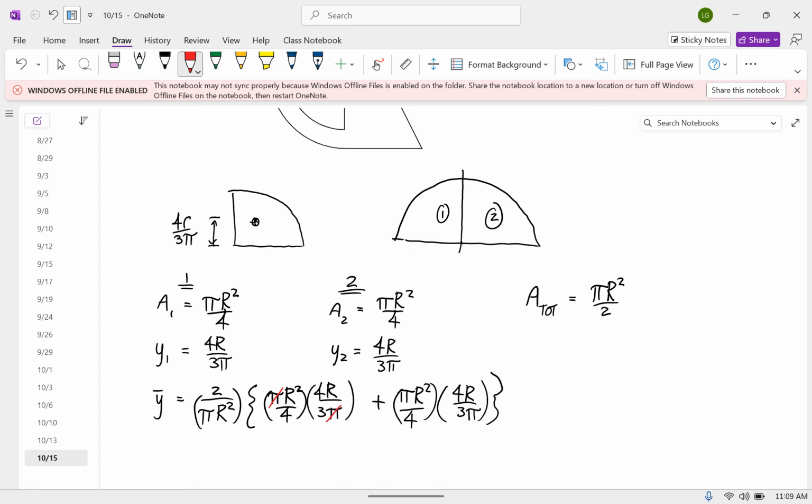Cancel, cancel, cancel, cancel. The 4s cancel. And you come out with 2 over pi r squared times r cubed over 3 plus r cubed over 3.